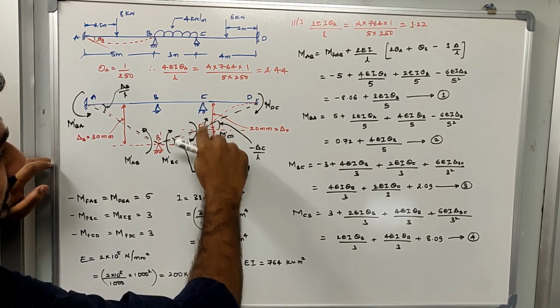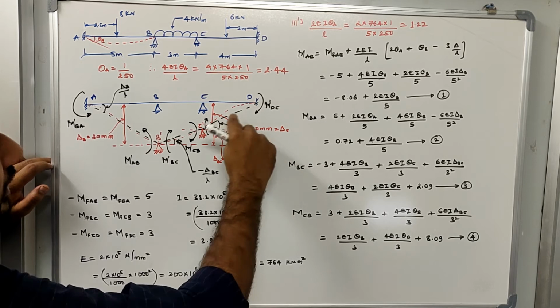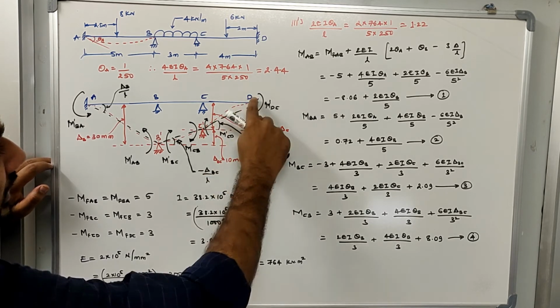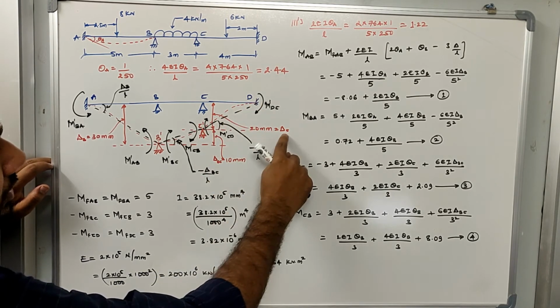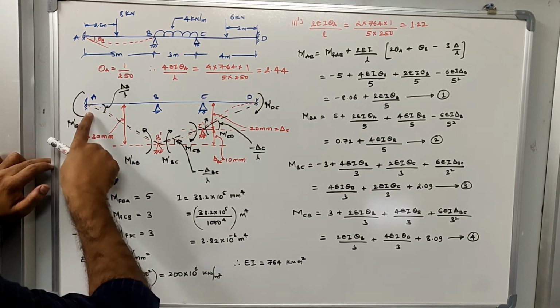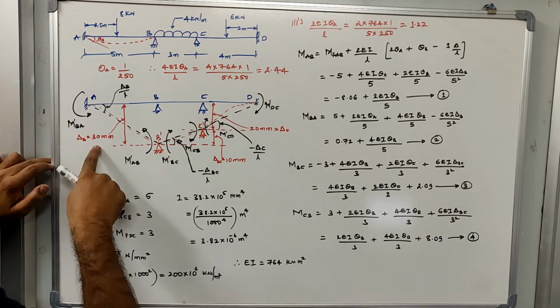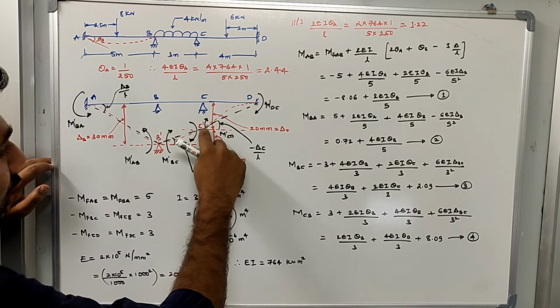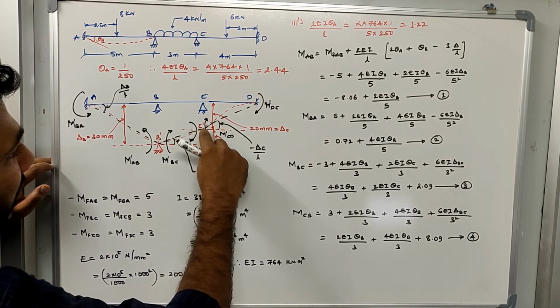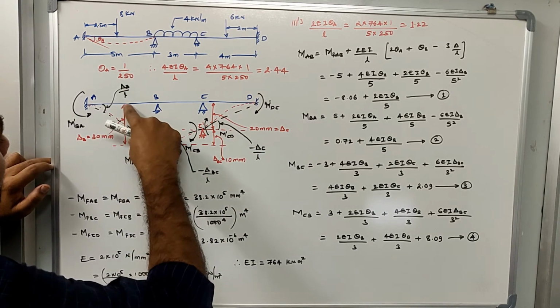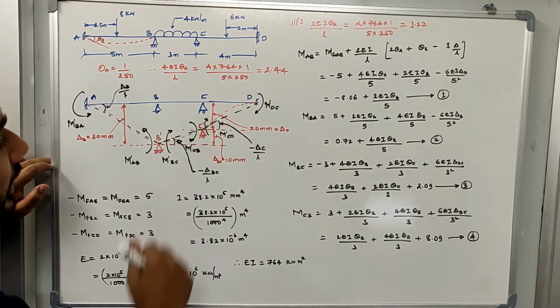Delta C has sunk 20 mm. So the difference in the elevation between C and C dash and D is 20 mm, right? The difference between the elevation of A and B dash is 30 mm. So if you want to find out how much is the difference of elevation between B dash and C dash, you can find out by this. 30 minus 20 will give you 10 mm.